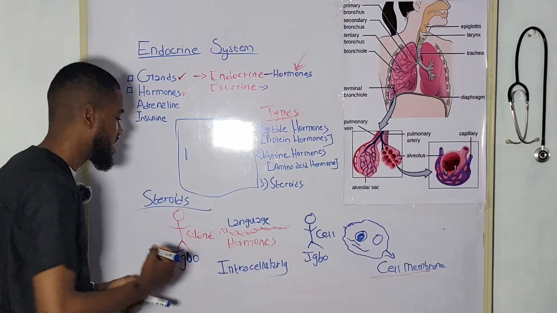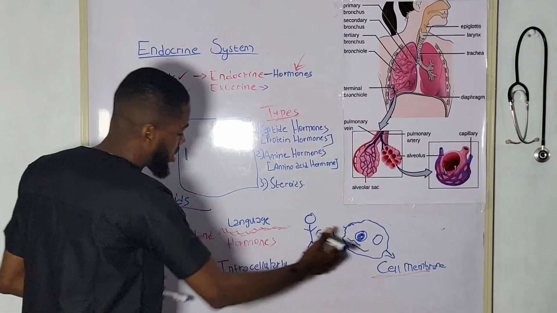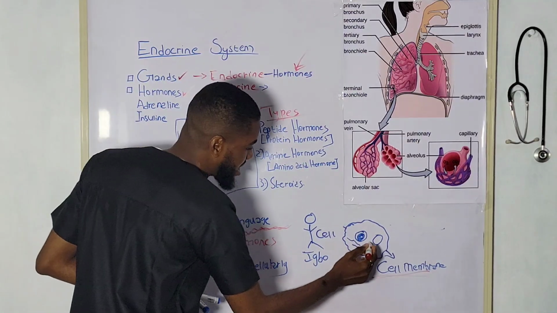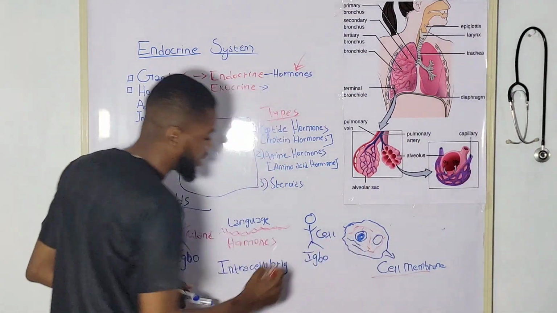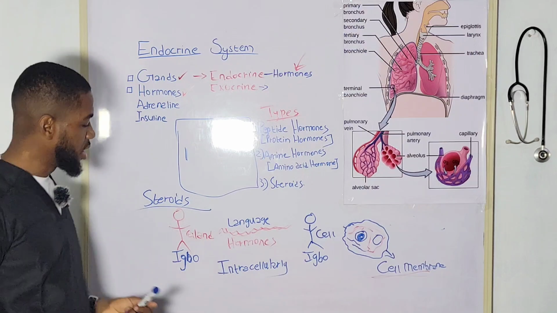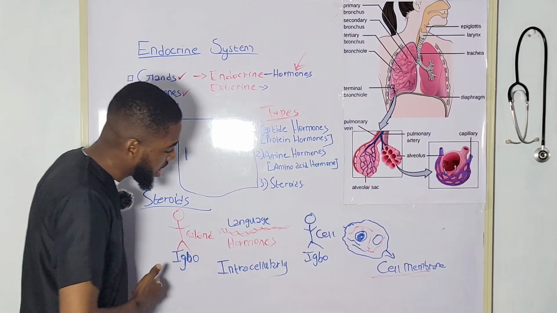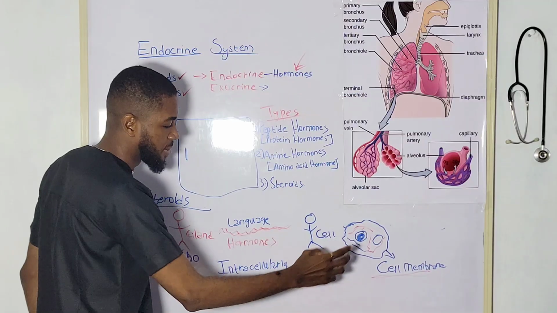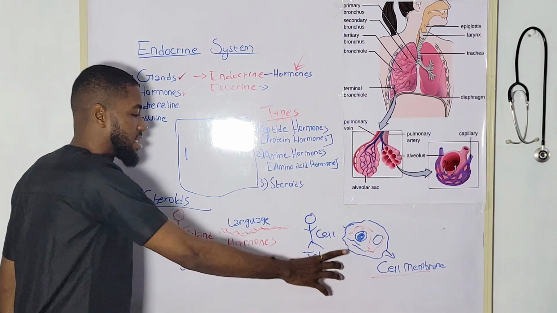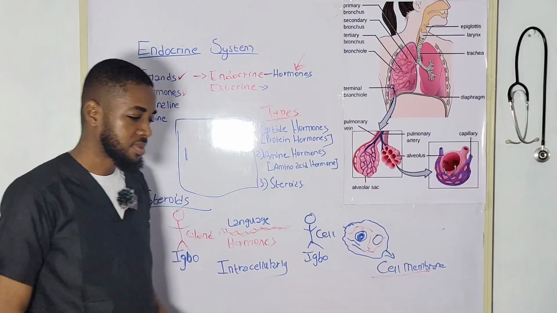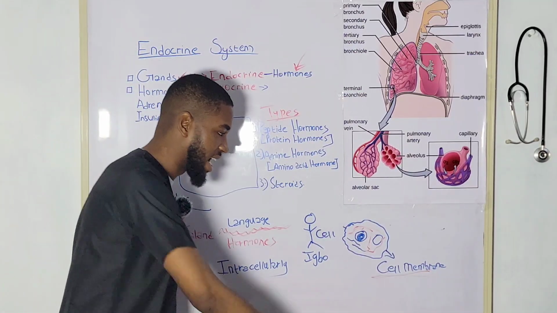So since the steroids act intracellularly, it does not act on the cell membrane, but instead it acts inside the cell. To illustrate, if I am speaking Igbo, my communication will be extremely smooth if I'm speaking to an Igbo person. And that Igbo person here is the cell. So it doesn't need the cell membrane. It works inside the cell.